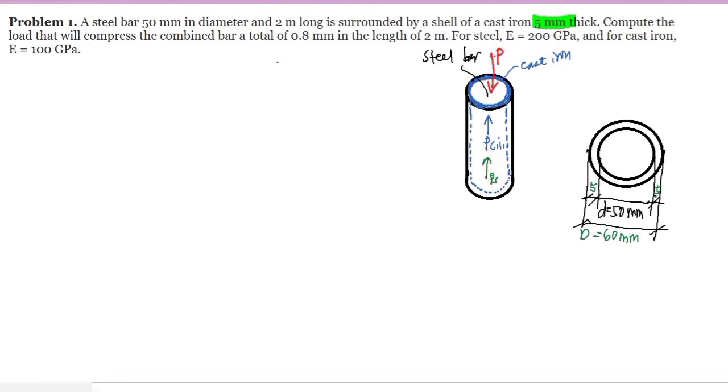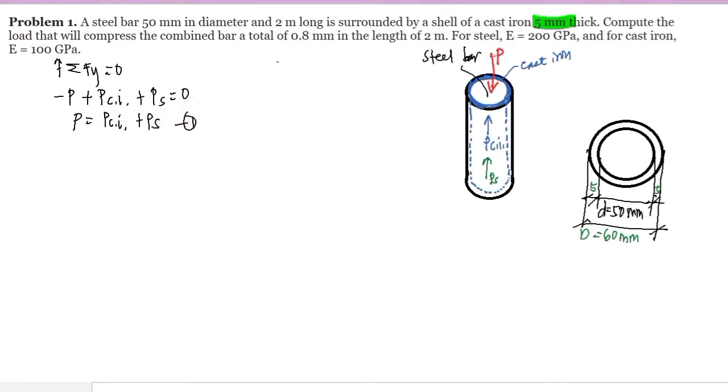So if we are going to summate force as vertical is equal to 0, taking the upward direction as positive, we have the downward P, so that's negative, plus the force resisted by the cast iron plus the force resisted by the steel bar is equal to 0. So this would give us P is equal to the force resisted by the cast iron plus the force resisted by the steel, and this is our equation 1.